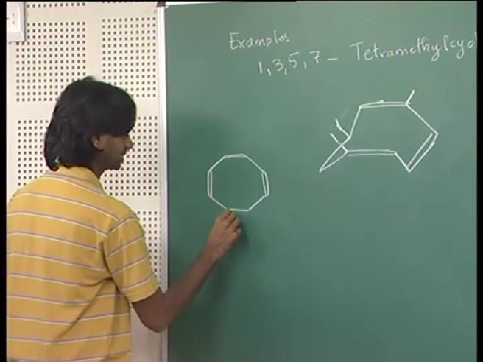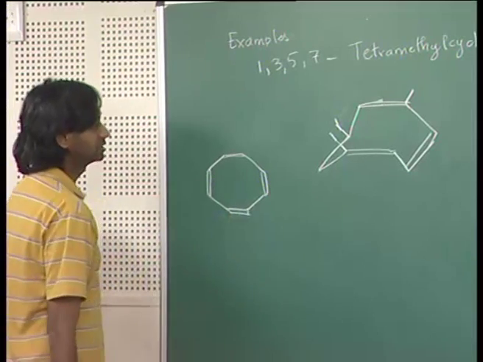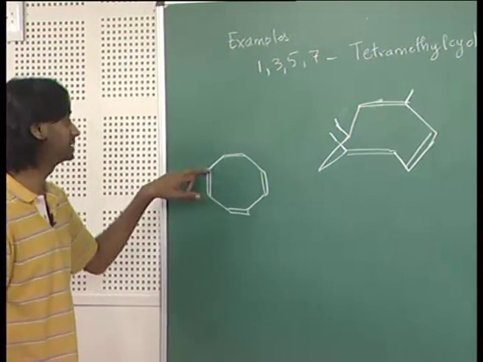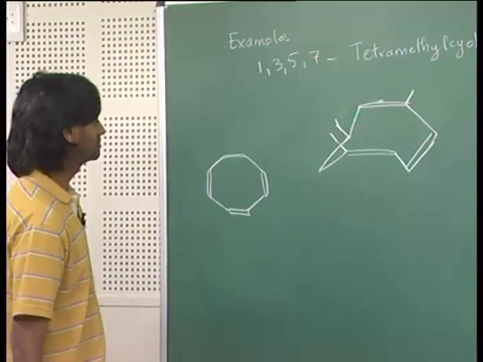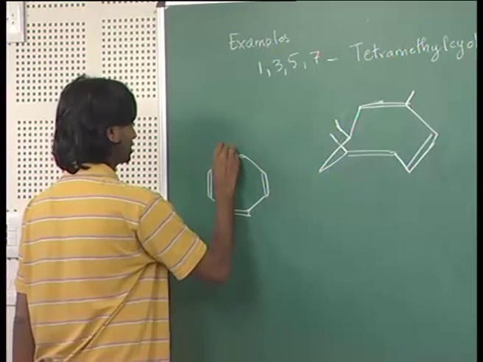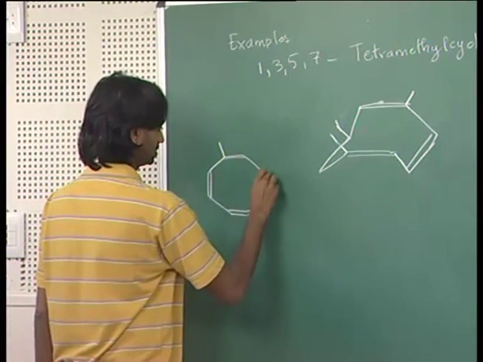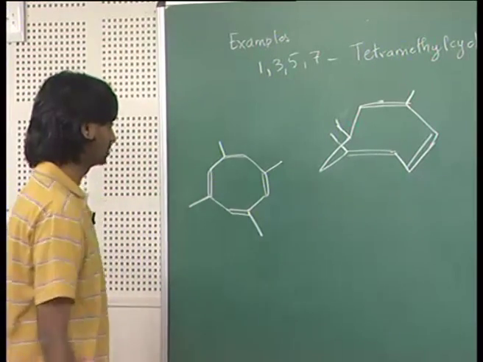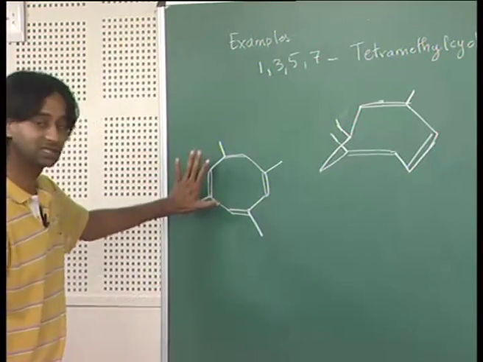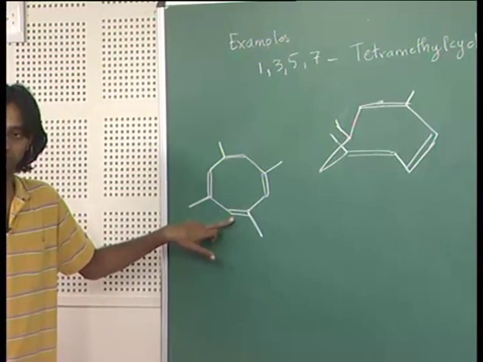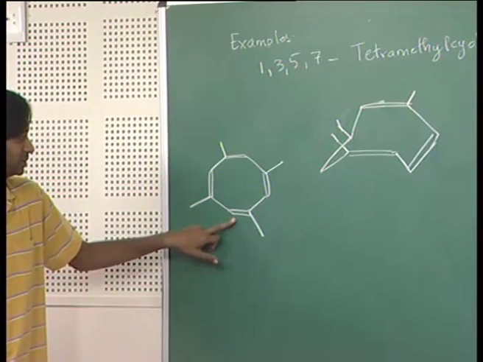So this is the tetraene, and there are 4 methyl groups. This is cyclooctatetraene, and there are 4 methyl groups located at 1, 3, 5 and 7. So you can put one methyl group here at alternate positions. So there are 4 methyl groups. This is the molecular structure of this molecule.